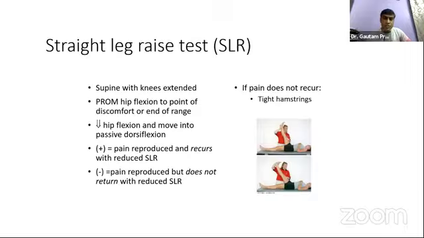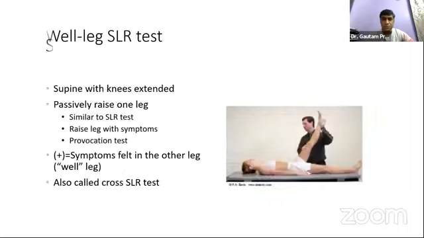Now if the pain recurs, the same pain which the patient complains of, in the thigh or in the calf or in the buttock region, on raising the leg between 30 to 70 degrees, then the SLR is said to be positive. Below 30 degrees, if it is happening, then it is not because of spinal pathology, it is because of local pathology, because every nerve has got some play, some length to accommodate, and in the first 30 degrees the nerves don't get stretched. So that is something that we should remember.